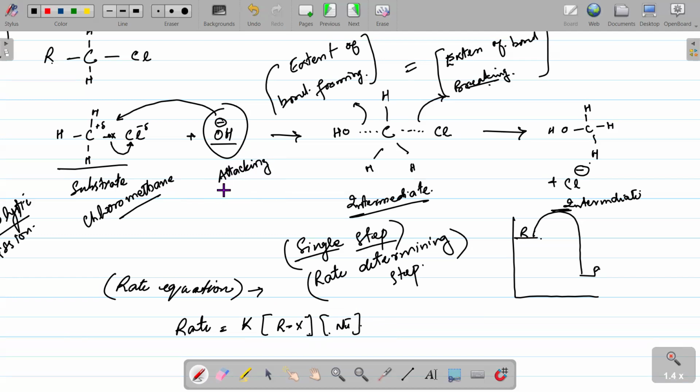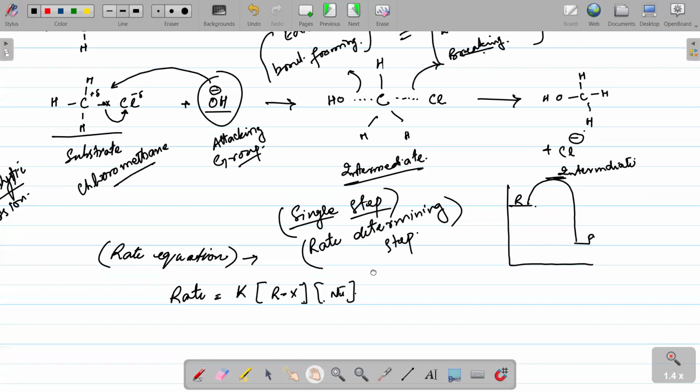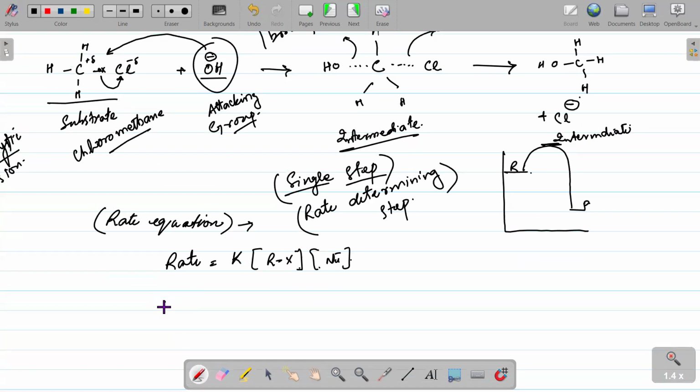So in this reaction, the rate equation will be: rate of reaction equals K, the rate constant, times the concentration of chloromethane and the concentration of our attacking group.